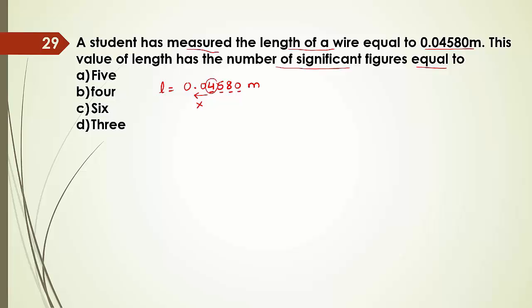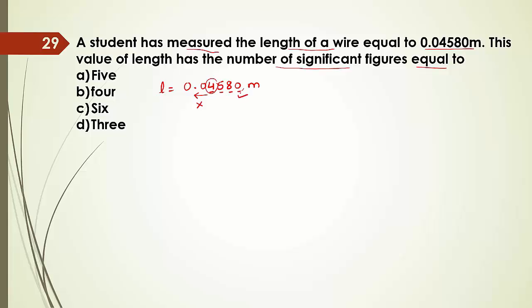We are not going to count these zeros which are on the left side of the non-zero number. But all other zeros are counted. Is it clear? Which are on the left side we are not going to count, but we can count all other zeros which are on the right side.